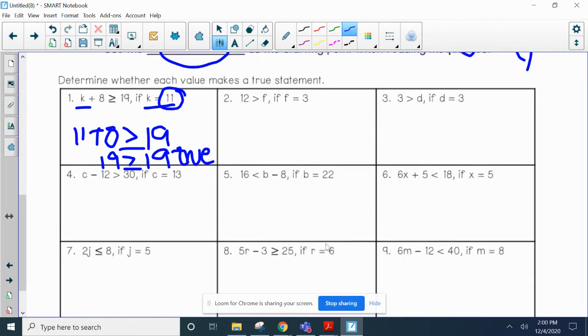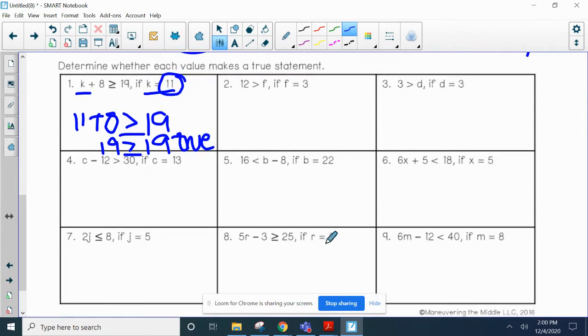All right, so I'm going to move around a little bit. I'm going to do 1, 5, and 8. All right, so let's look at 6. I have 6 is less than b minus 8 if b is 22. B is 22, so we're going to replace b. 6 is less than 22 minus 8.